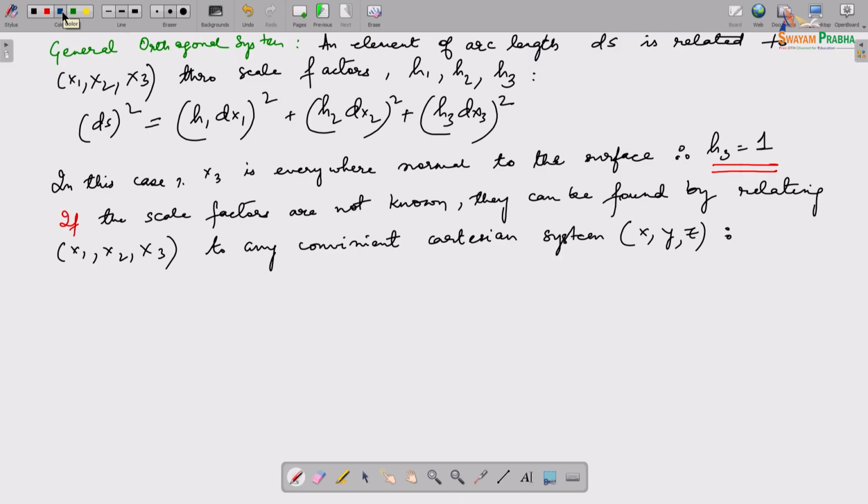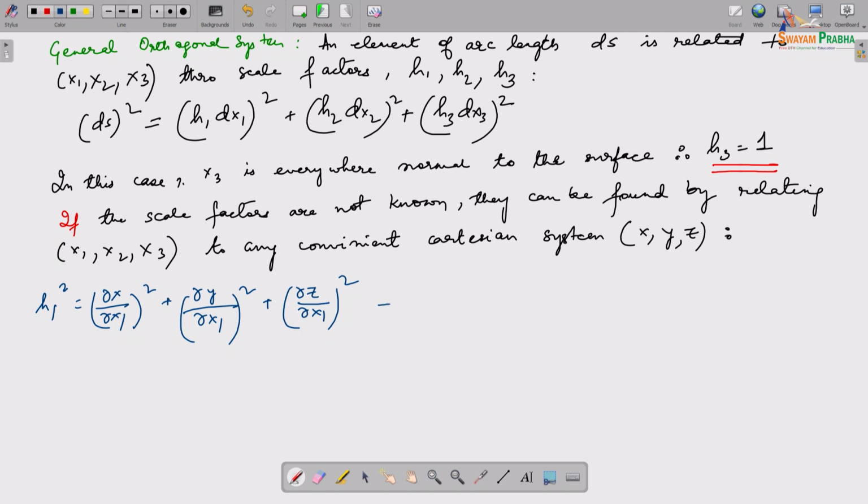So, H1 squared is essentially del x del x1 squared, plus del y del x1 squared, plus del z del x1 squared.